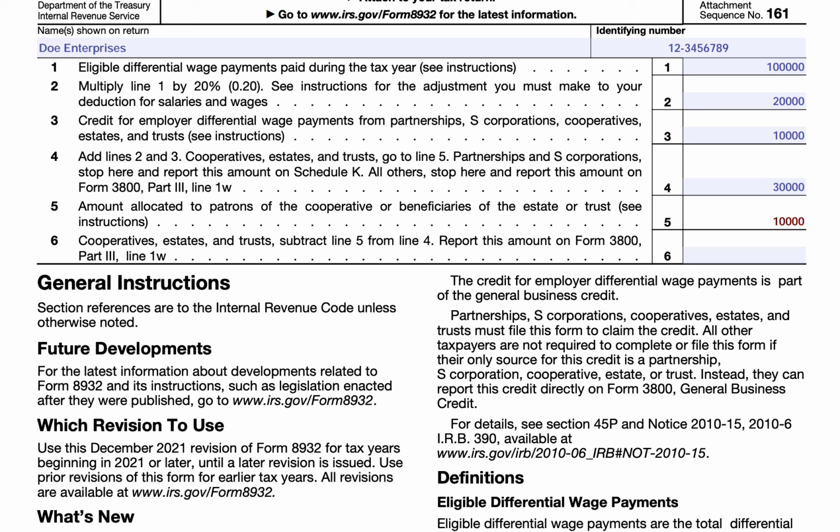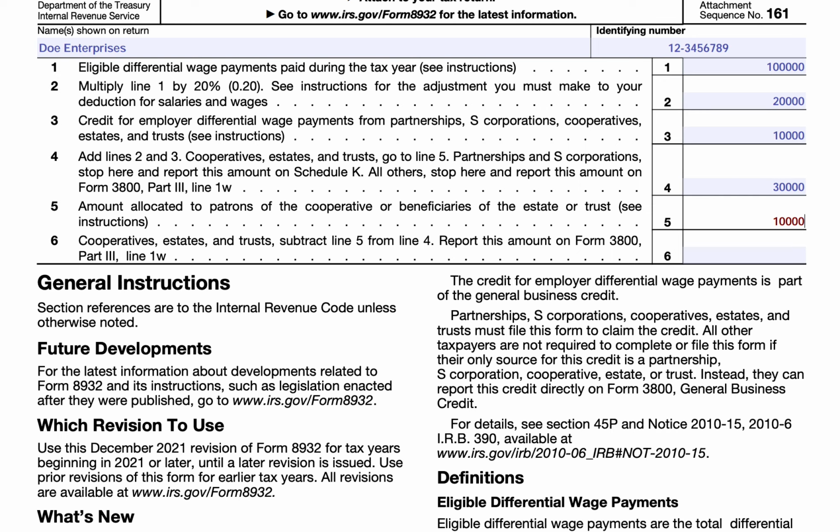Then you can allocate the credit within the cooperative to reduce the tax liability to 0. But any excess credit has to be pushed out to patrons. So while the excess is allocated to patrons, if there's a credit recapture, it applies as if you took the full credit, even if you had to push out part of the credit to the patrons.